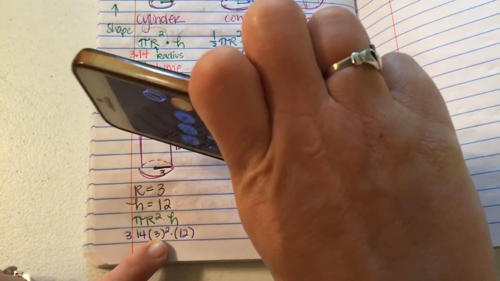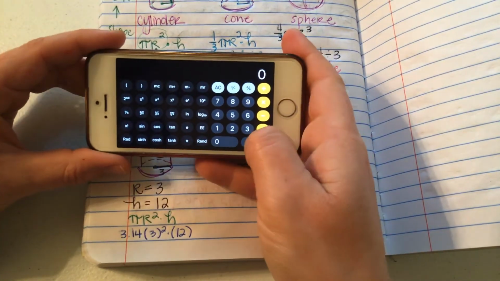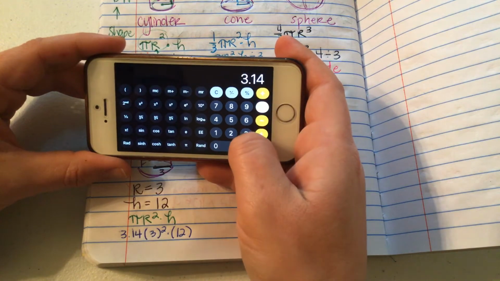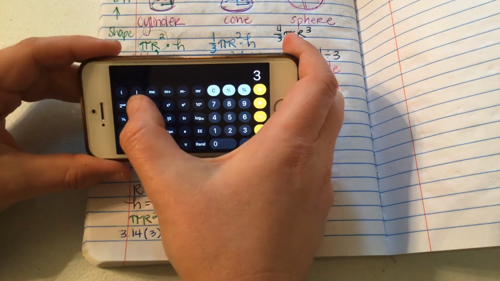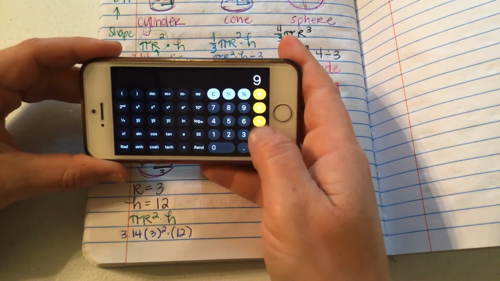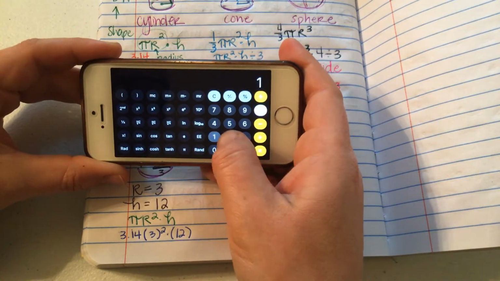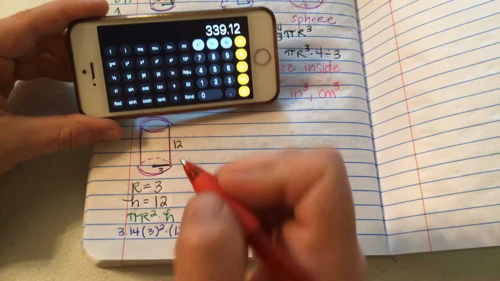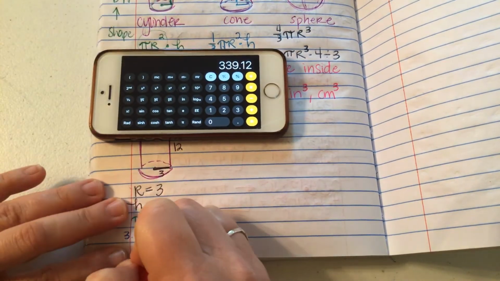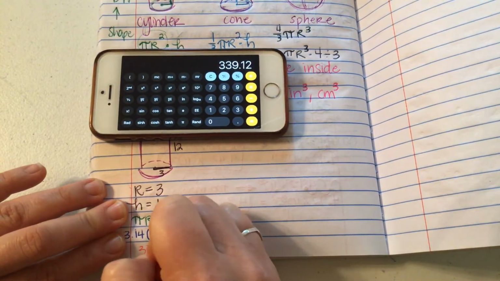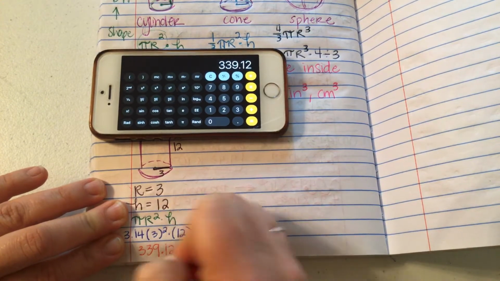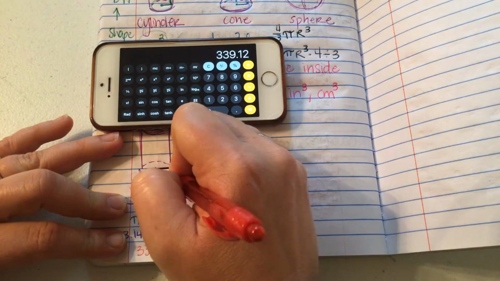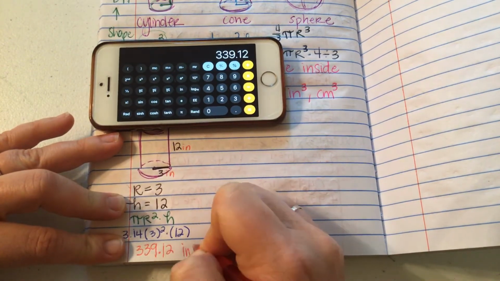If you want to turn it sideways, you could do 3.14 times 3 squared times the height. So my answer, my volume, is 339.12. Oh, I didn't give us labels. Let's say that these were inches. Inches cubed.